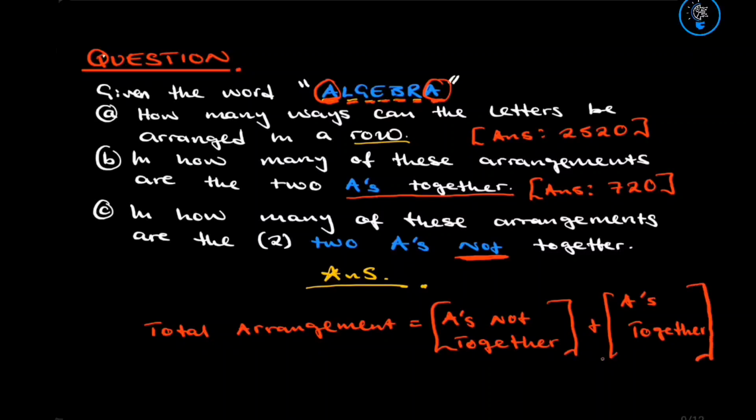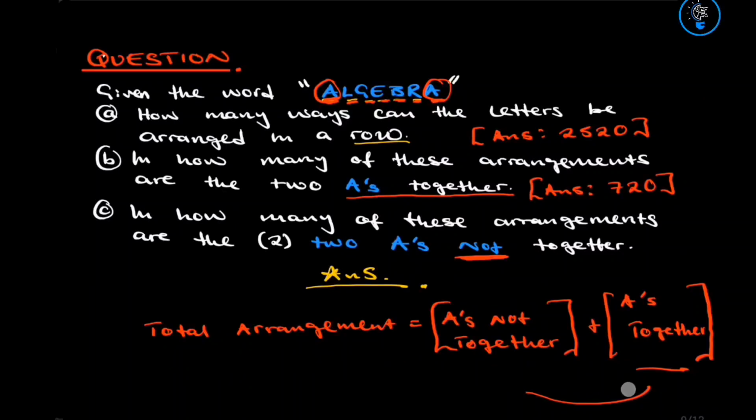What you're going to get when you add the two is the total number of arrangements. And this is logical because if A's are not together, then they must be apart, and if the A's are together, the other option is where A's are not together. So when you add the two, you must have the total number of arrangements if you're not considering these two conditions at all. They're like opposites of each other, and when you add these two together, you end up with the total.